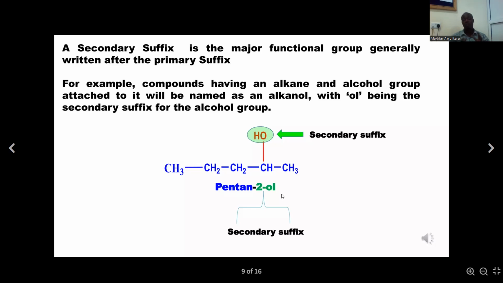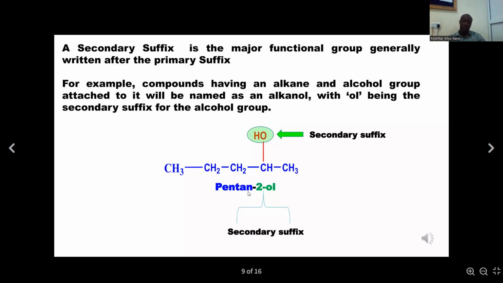So remember that I said that the primary suffix is compulsory. So that is why we have ane here. And this primary suffix can be in forms of single bond, double bond, triple bond. That is alkane, alkenes, and alkynes.